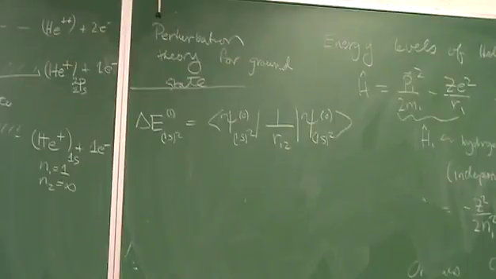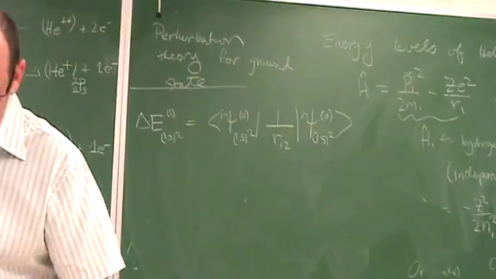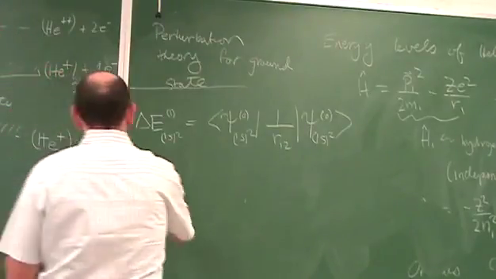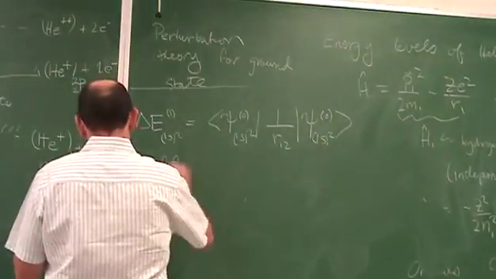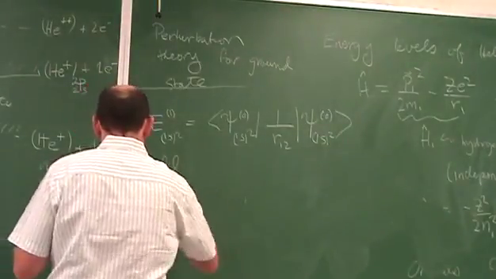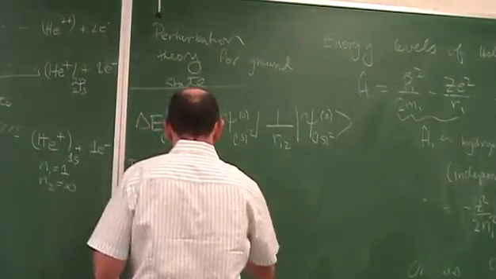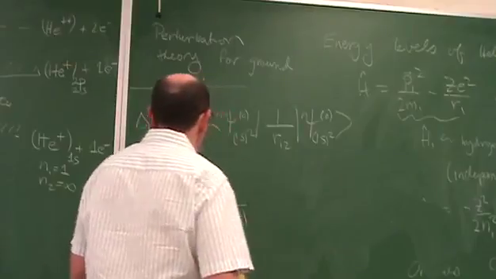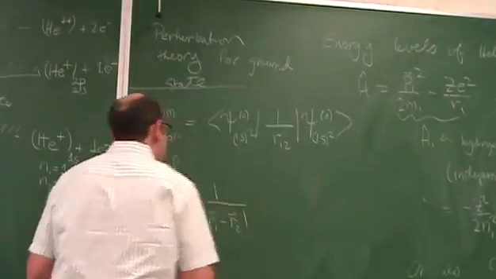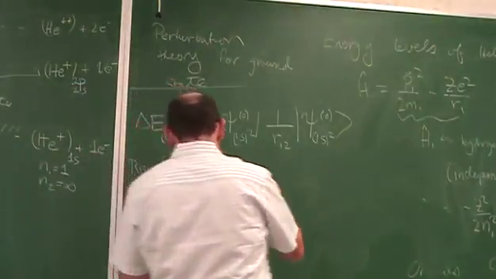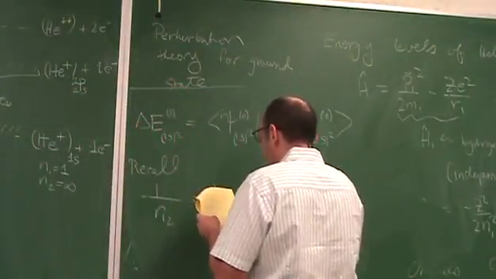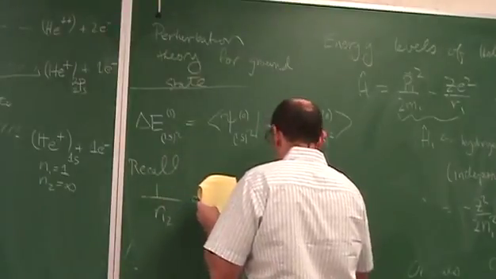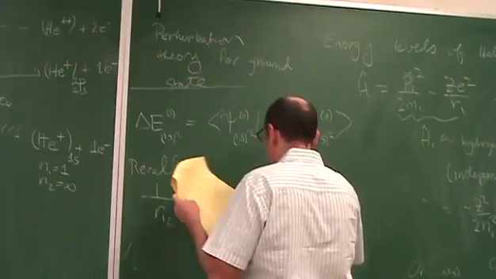And the way that you would typically do these kinds of integrals is to use the addition theorem of angular momentum to express the distance between the two electrons as a sum of products of the coordinate orbitals of particle 1 and 2.